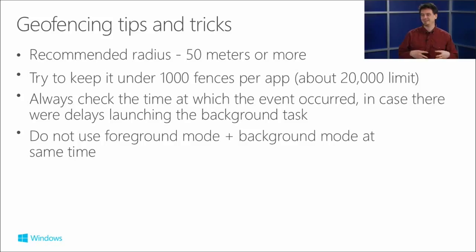This is why we think you'll be okay just using circles. Try to keep it under 1,000 geofences per app. But if you need to go to 20,000, I guess you can do that. With 1,000 geofences per app, you could do something like set up a geofence for every major airport in the United States.